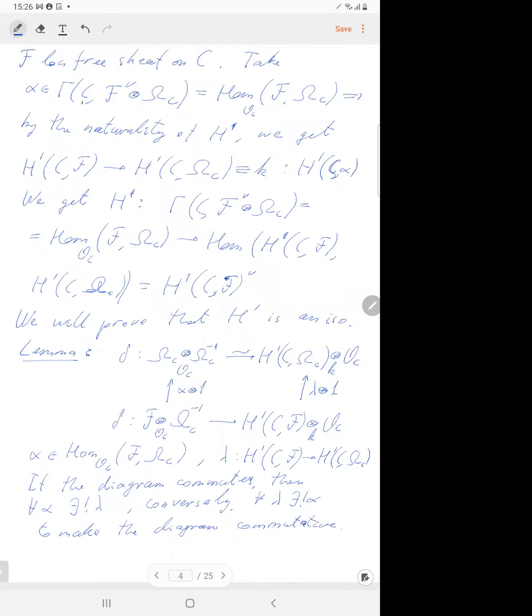Well, for example, in the top row you have an isomorphism, right?